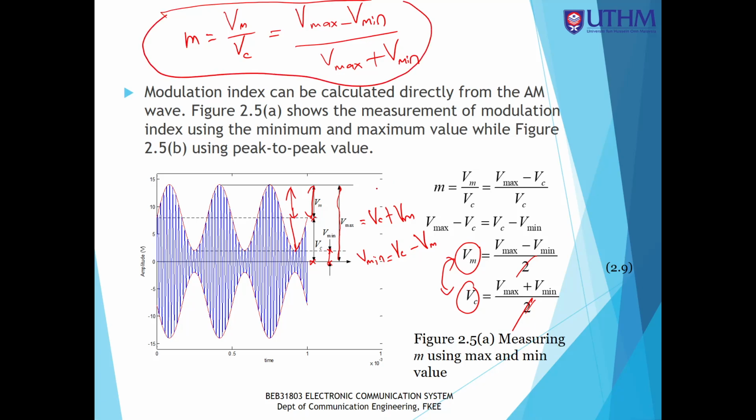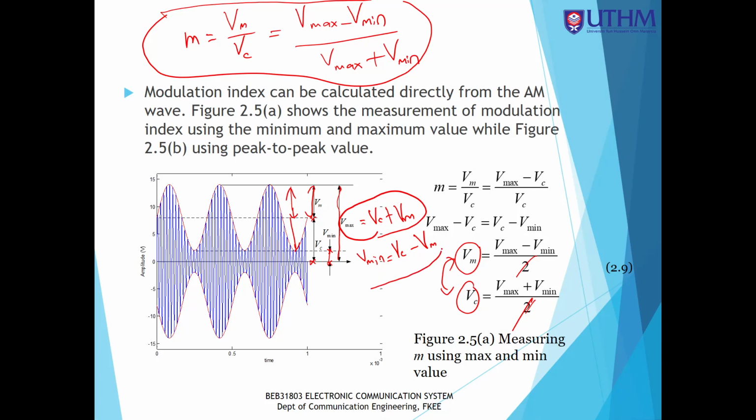You need to know how to calculate Vm and Vc based on the given Vmax and Vmin. Vmax is equal to Vc plus Vm.